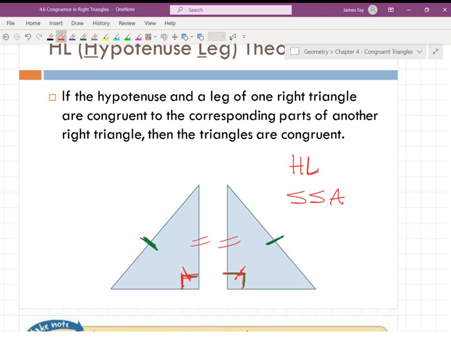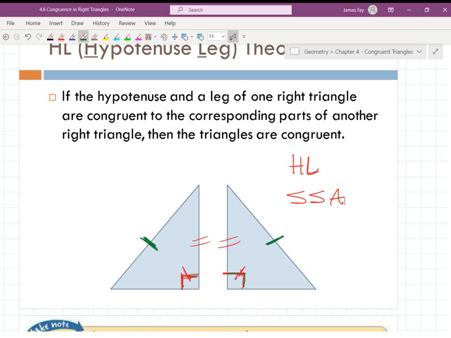So to remove the ambiguity, the confusion, the ability for somebody to say, oh, side-side angle works here because I've got those parts, but it not be a right triangle and it really not be something that should work in that situation, to remove that confusion, we use HL instead, because now the H tells us we've got to have a hypotenuse, so we must be working in the right triangle. Does that make sense? So hypotenuse leg and side-side angle are the same ordering of parts, but side-side angle does not guarantee congruence in triangles.